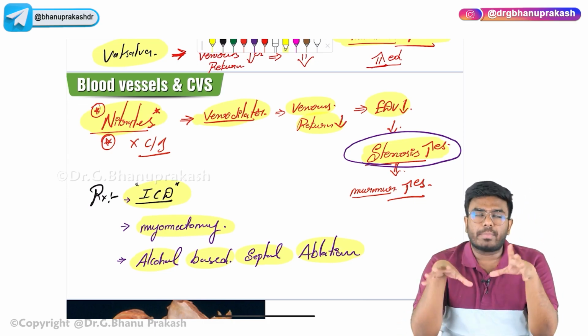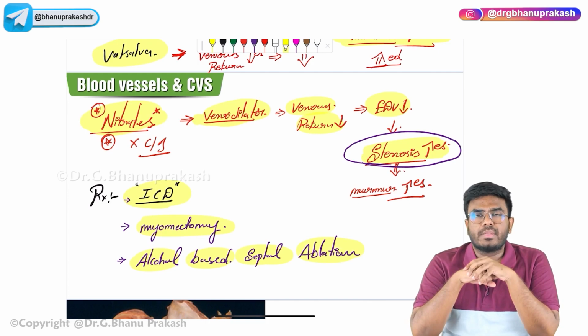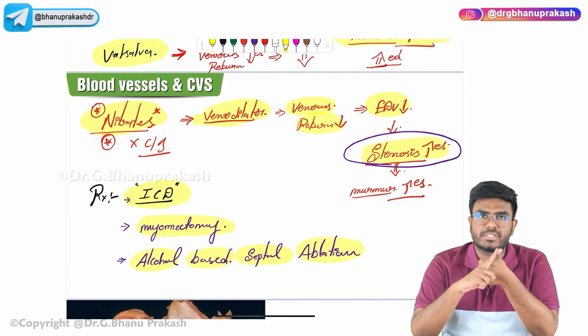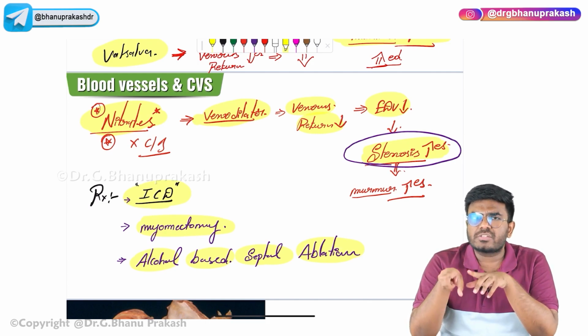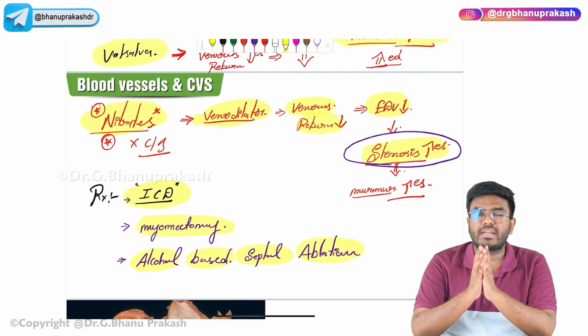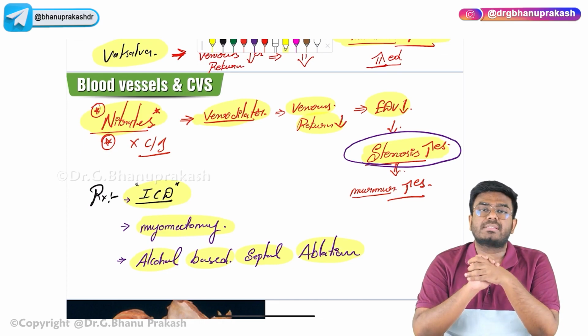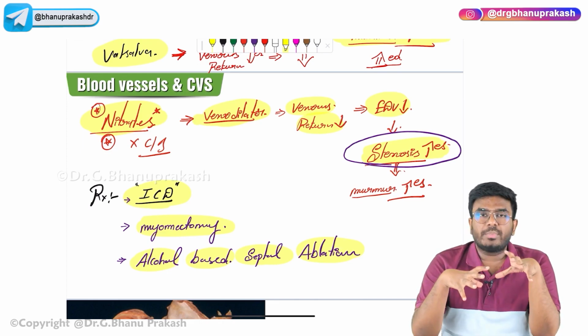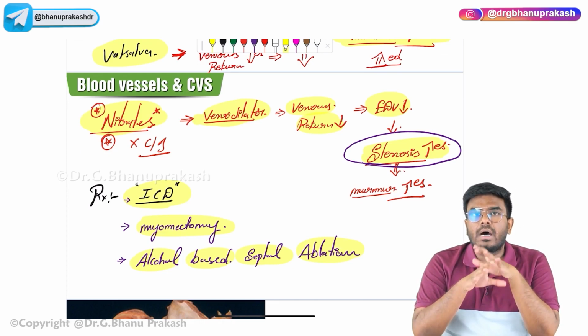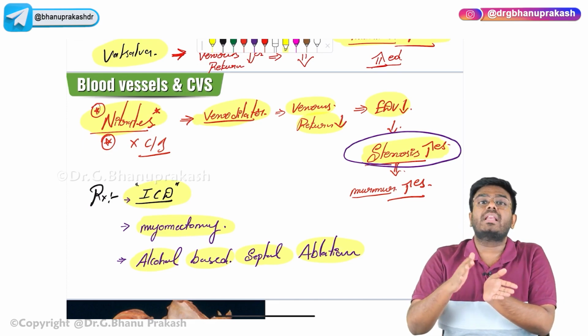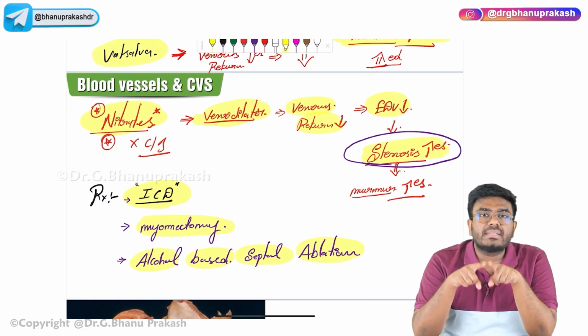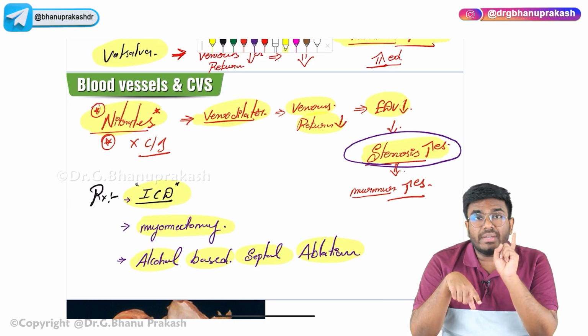As a wrap up of HOCM, what are the important points? It is an autosomal dominant condition. Is it a systolic or diastolic dysfunction? It's a diastolic dysfunction. The left ventricle is not properly filled because of the banana-shaped cavities. It is seen in young athletes who have sudden cardiac death, which is because of ventricular fibrillation.